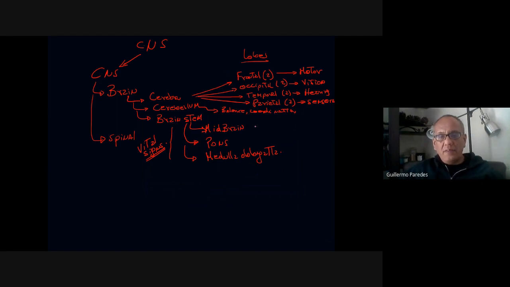Here is basically where it's going to start, it's going to begin here. The cranial nerves. There are 12 cranial nerves, and basically all of them are going to be parasympathetic.